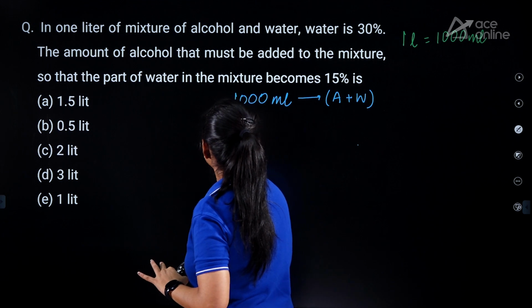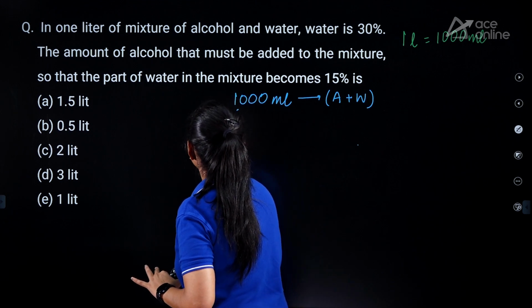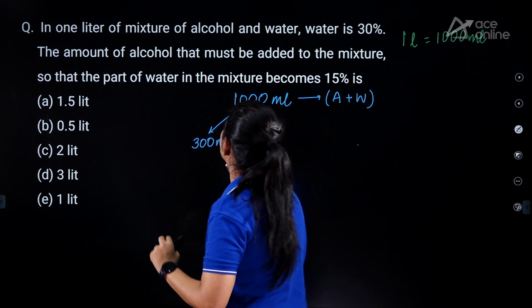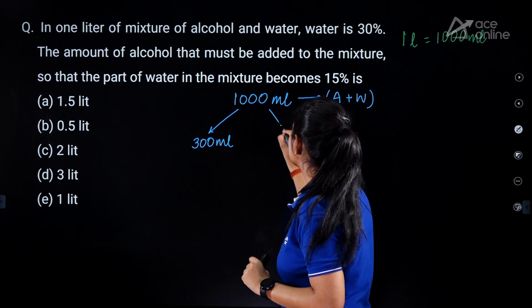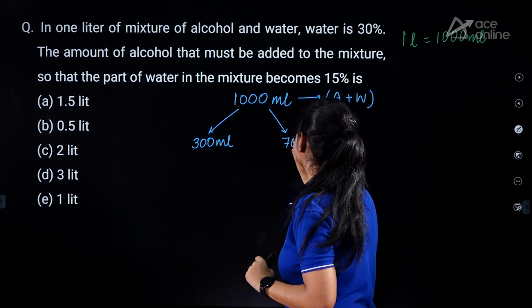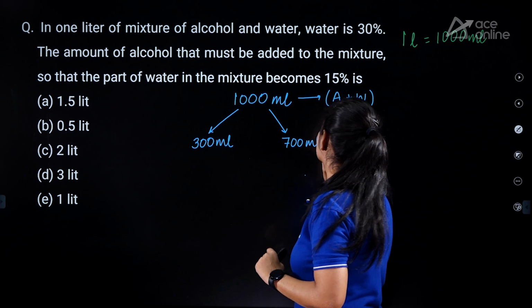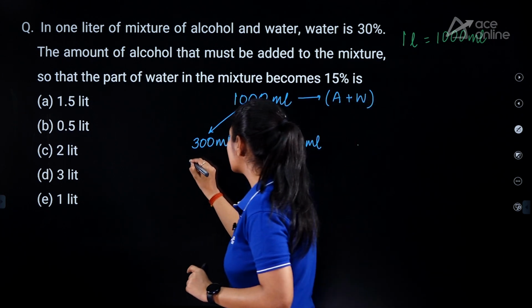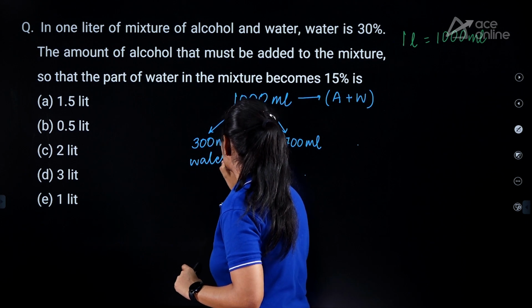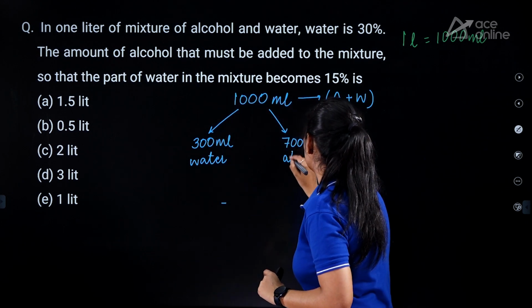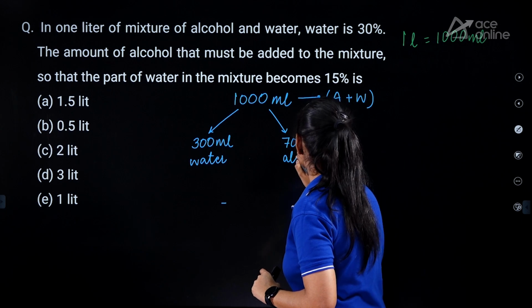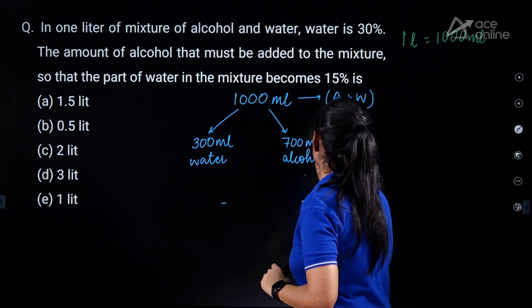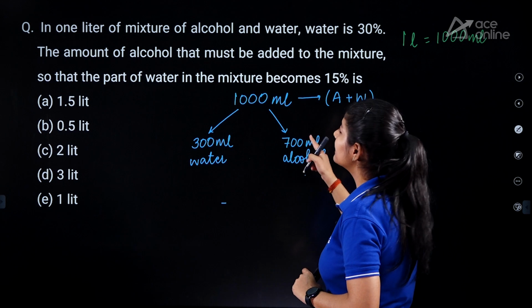So we can say that out of these 1000, 300 ml is water and the rest 700 milliliters is alcohol. This is the quantity of your water and this is the quantity of your alcohol. Right? 30% and 70%.